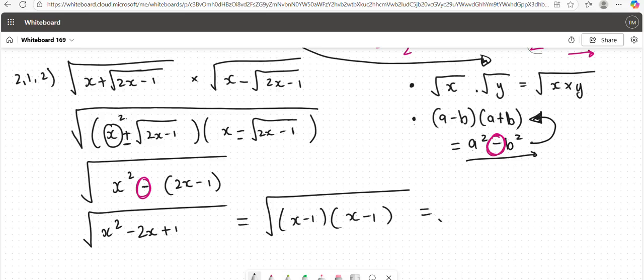That bracket is the same bracket, so I can write it twice: (x minus 1) squared. This squared and this root cancel each other, so I'm left with an x minus 1. And there we go. That's how you go about solving that.